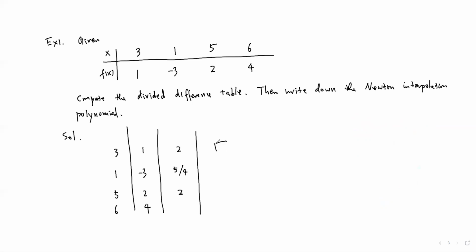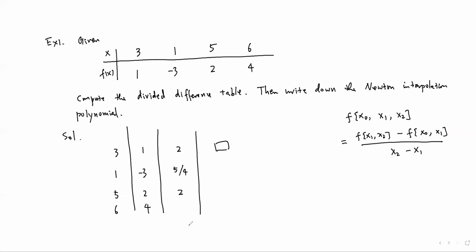Here, this entry should be the divided difference at x0, x1, x2 by formula: f[x1, x2] minus f[x0, x1], then over x2 minus x0.